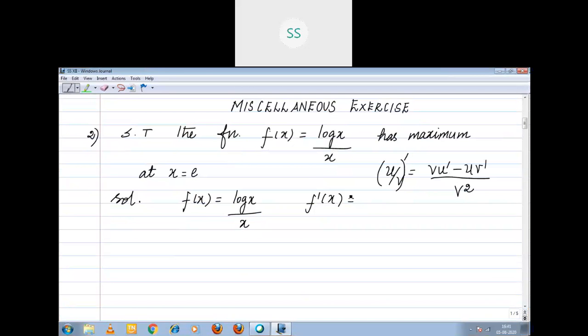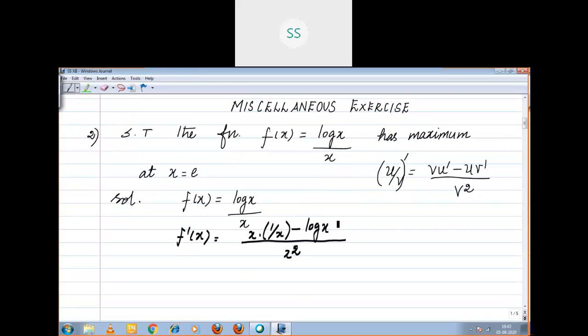See, one minute. This f dash I am going to write in the second line, as the space is not sufficient. Now f dash of x equal to, v square, that is x square, into x, when you differentiate log x, what do you get? 1 by x, minus log x.